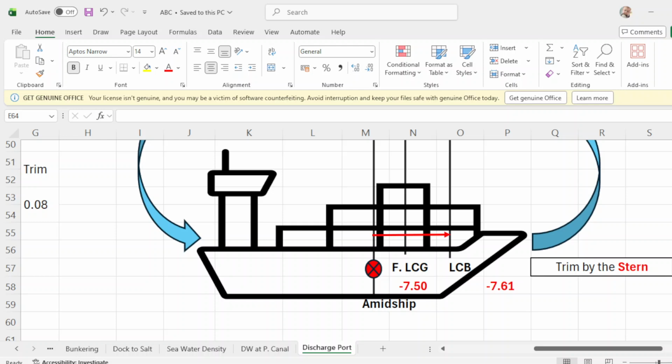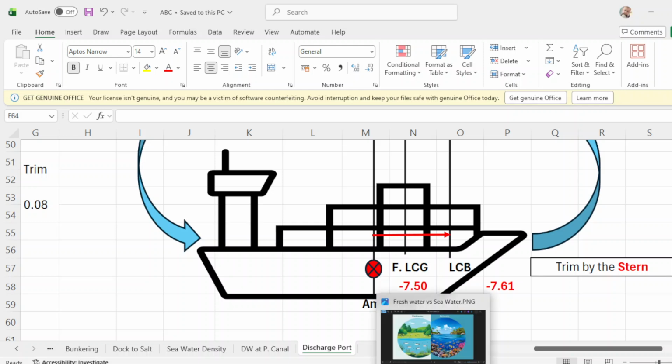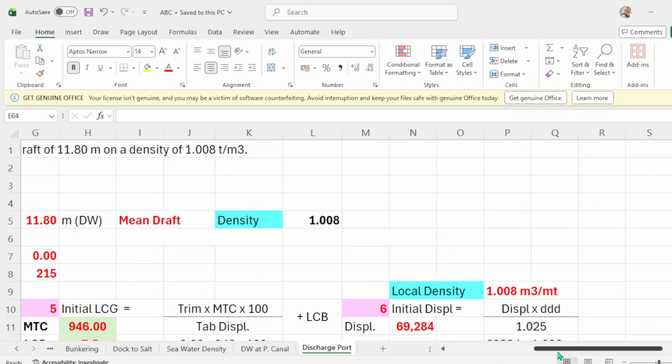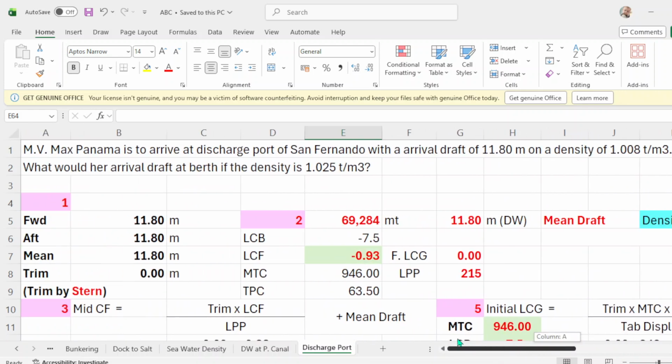now I have here the simple explanation to this problem: you go from a density of 1.018 to 1.025. This is what it means.